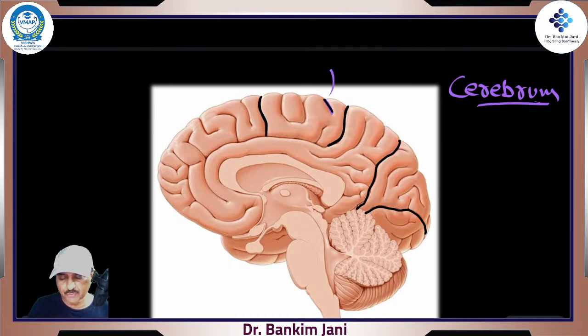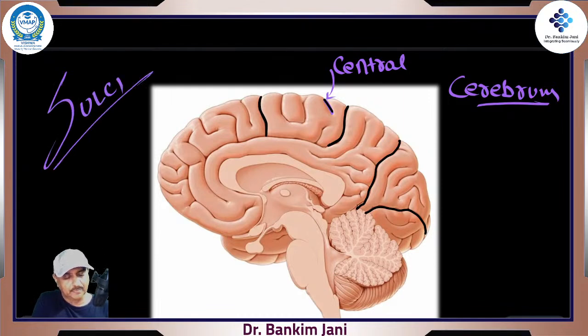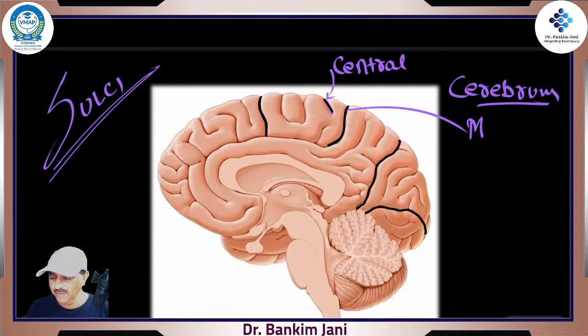Starting with this first one, which is known, that is the central sulcus. I'm just writing central because all are sulci, so every time we will not write sulcus. So central. This one, that one would be the marginal sulcus, right?